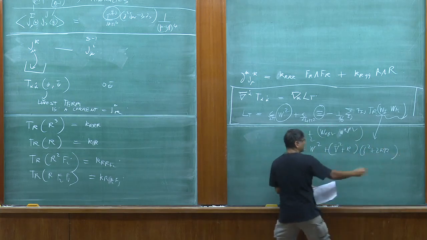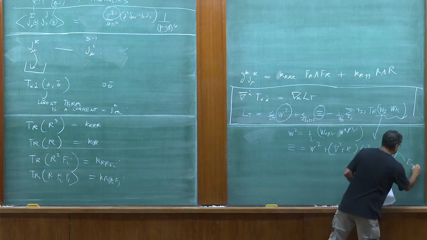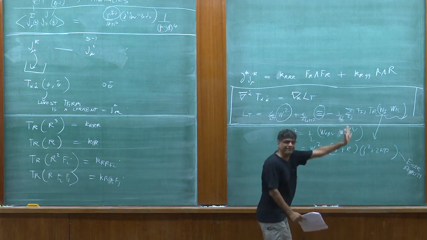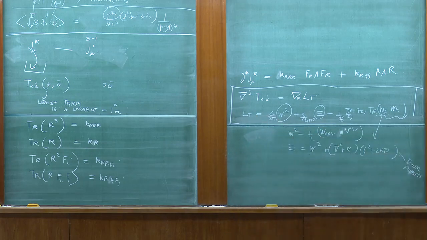It's related to the Euler density. Details don't matter, you get something. We're going to use this very little. I wrote it down just to contrast it with what we're actually going to use.